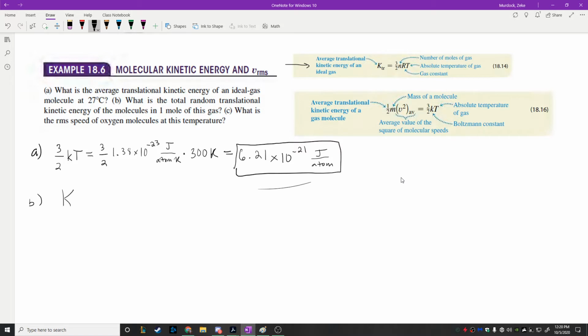So the translational kinetic energy total is equal to 3/2 multiplied by the number of moles, which is 1 mole. And then we multiply that by R, which is 8.31. We're using this equation. That's in joules per mole Kelvin. And then we multiply by the temperature T, which is 300 Kelvin.